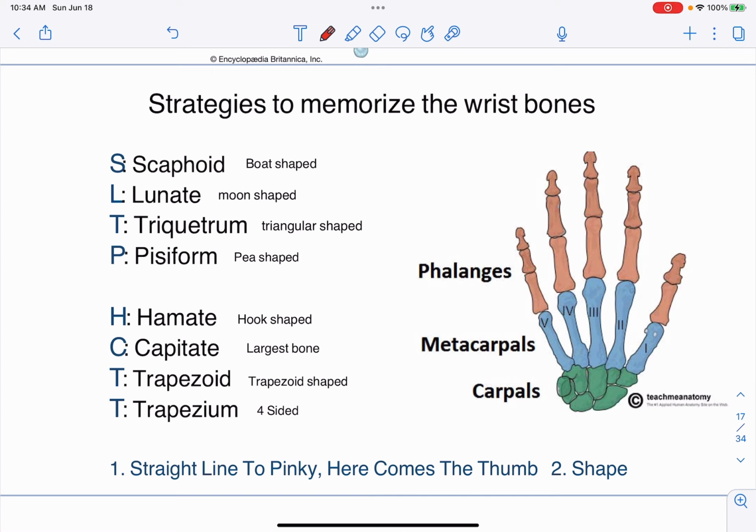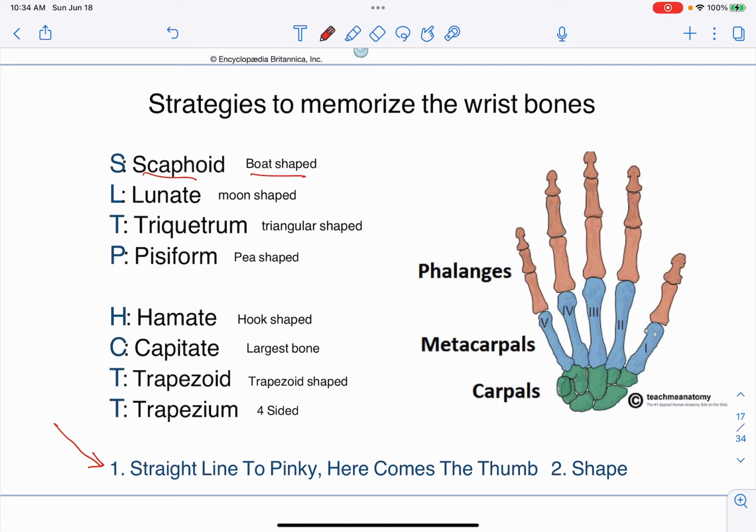So there's 2 ways to kind of memorize the wrist bones. You can either memorize the wrist bones using their name and the shape that they take on, or this mnemonic down here. This mnemonic is straight line to pinky. Here comes the thumb.